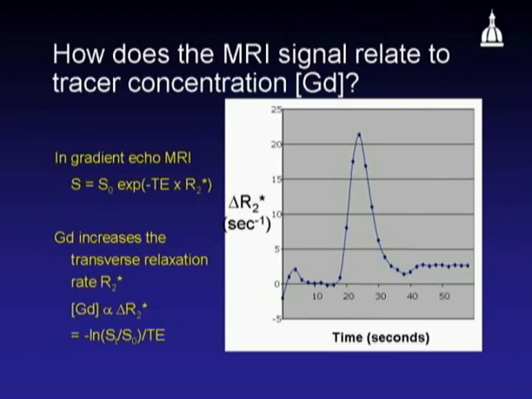So the first thing you have to do is, instead of plotting your signal versus time, you plot R2 star versus time, or particularly the change in R2 star. You can get that simply from the logarithm of the signal divided by the baseline signal, divided by the echo time. So now we have a curve which goes up, and this is sort of a surrogate for the gadolinium concentration in the pixel that you're looking at.